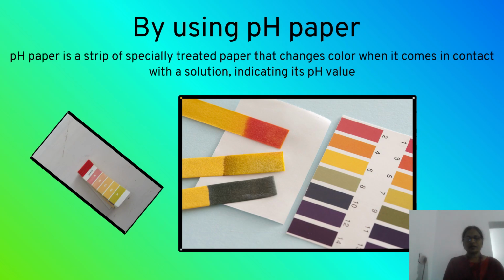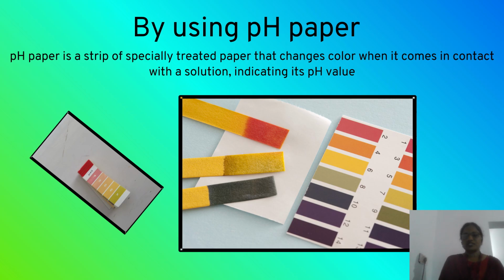This is the pH paper. The pH paper is actually a normal cellulose paper, but it is impregnated with indicator dyes, coated onto the paper. If you dip it into the unknown solution, it changes to a different color.